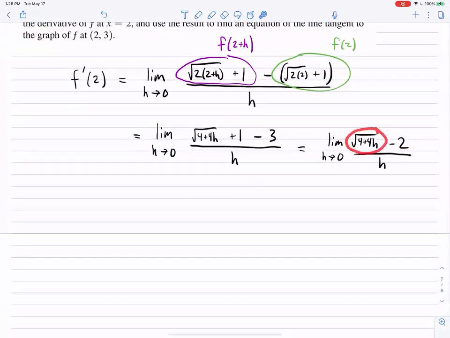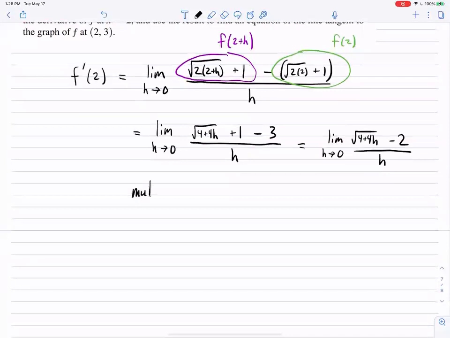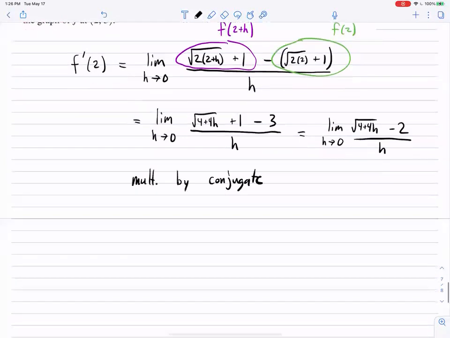Because there's a square root here, I think the best thing to do would be to multiply by the conjugate. So multiply by the conjugate because of the square root. That's why we're going to do that.